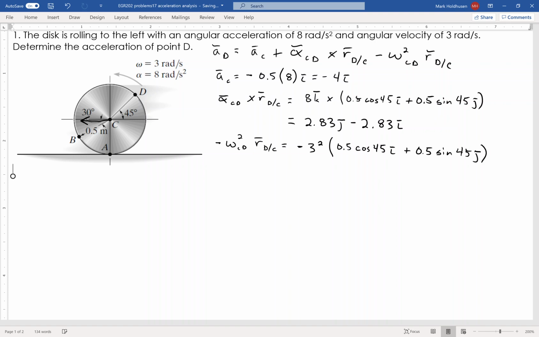I throw a negative in front of both of these though, and I get basically a negative 9 times each one of those, and I get negative 3.18 I minus 3.18 J.